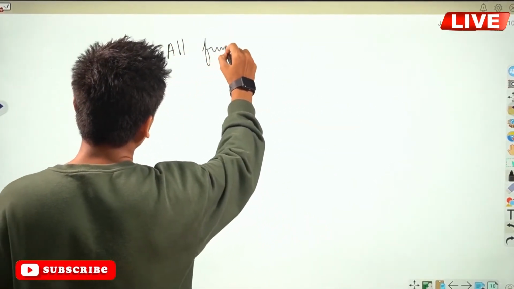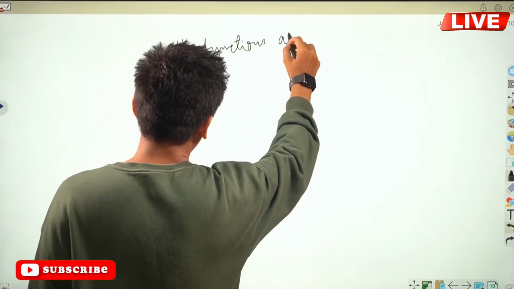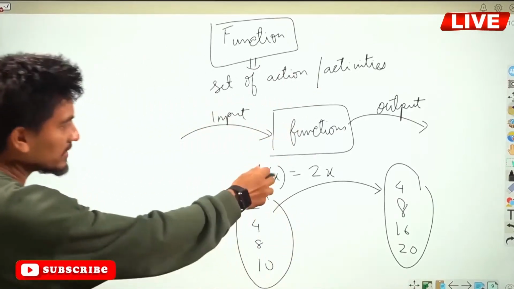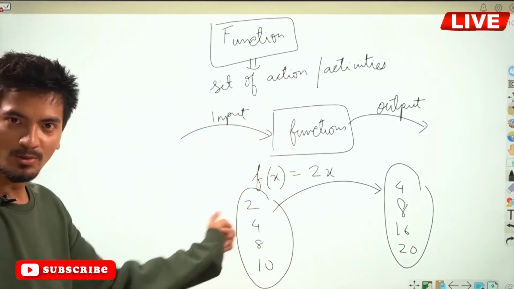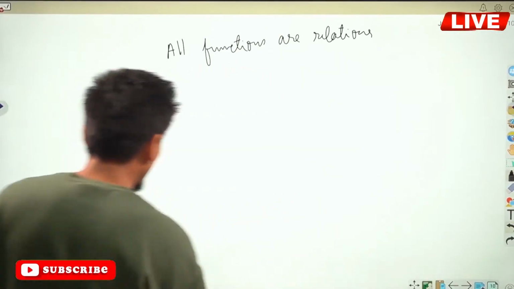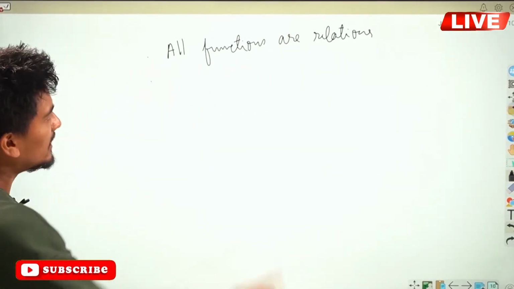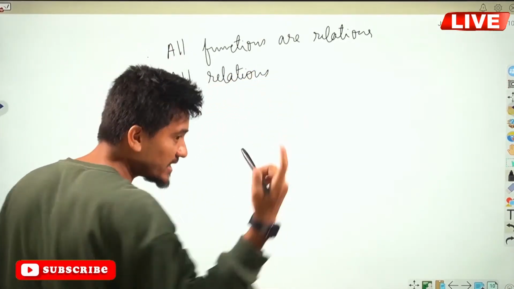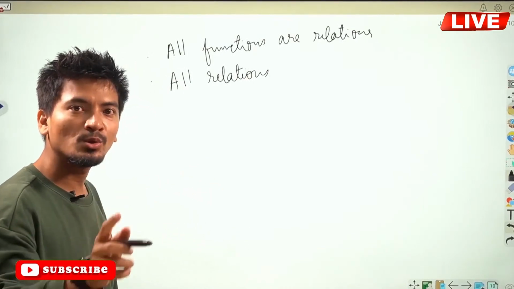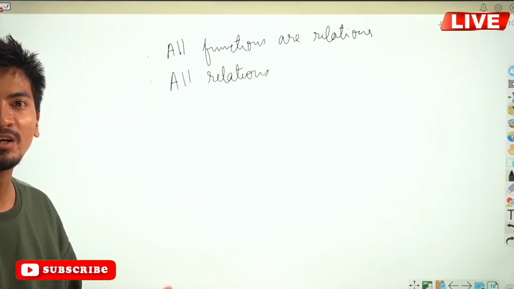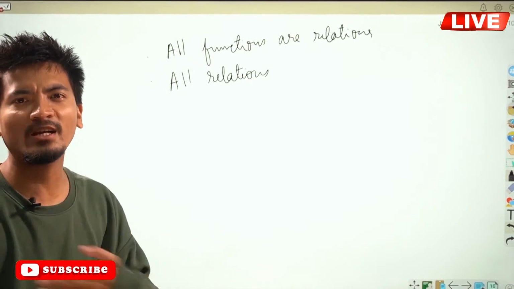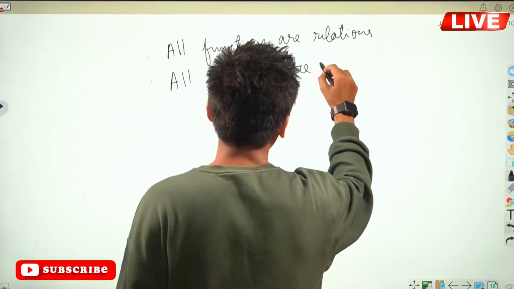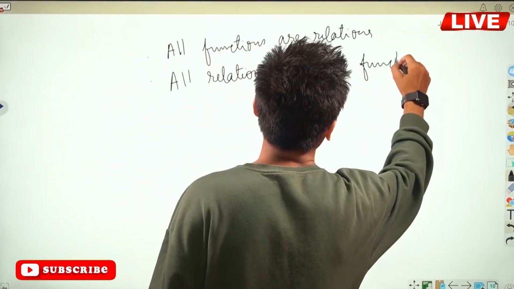All functions are relations, right? So all the functions are relations. Can we say that all relations are functions? No, all relations are not functions, because some relations don't define any function between them.